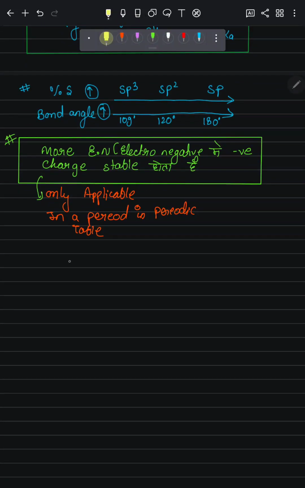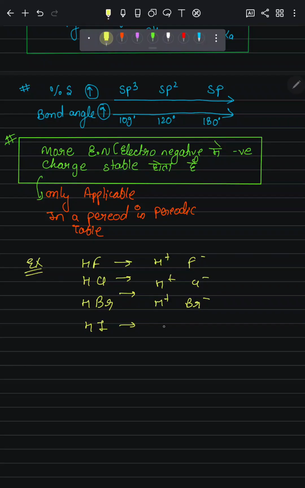Let's take the example of HF, HCl, HBr and HI. We need to know which is the strong acid to know the acidity. We first need to see the stable anion. So H plus and F minus, H plus and Cl minus, H plus and Br minus, H plus and I minus.